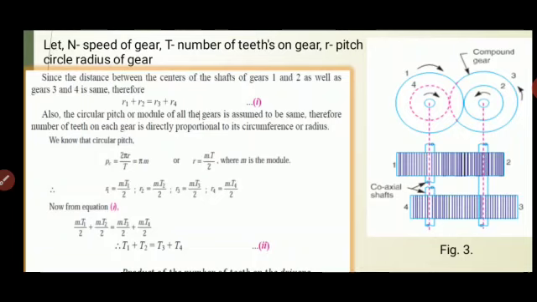The circular pitch, defined as Pc, is 2 pi r by t, and with that we can also define the module. Module is defined as the ratio of the pitch circle diameter to the number of teeth. So Pc can be written as pi into m. The radius can be written in terms of the module and number of teeth: R is equal to m t divided by 2.